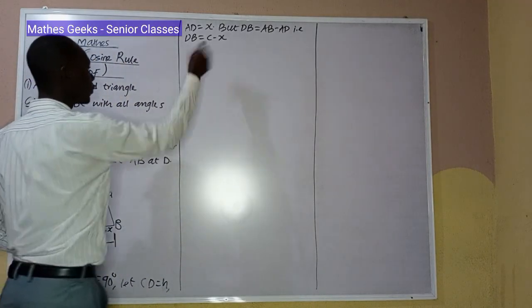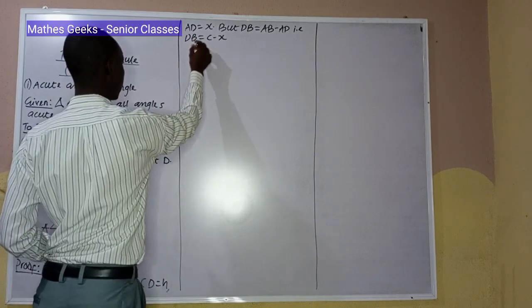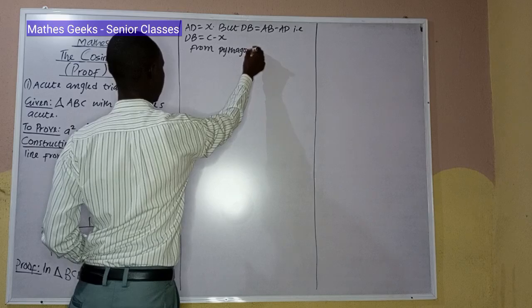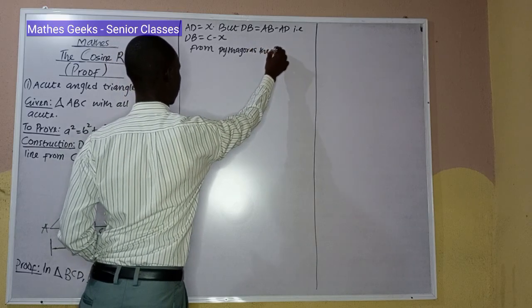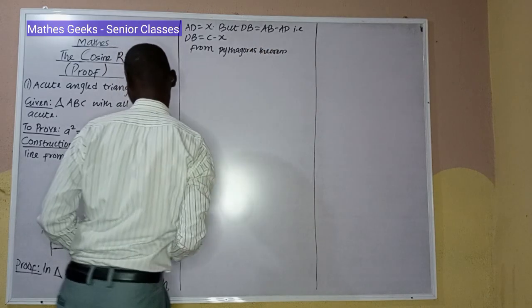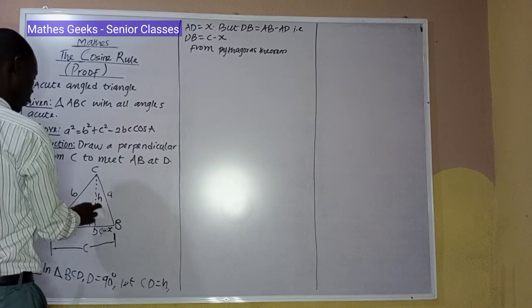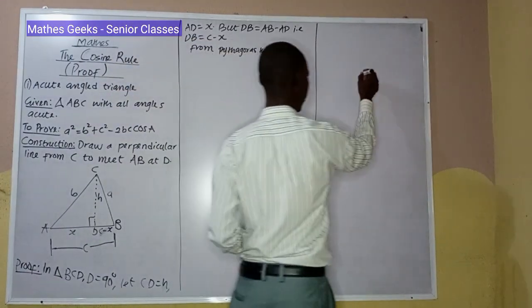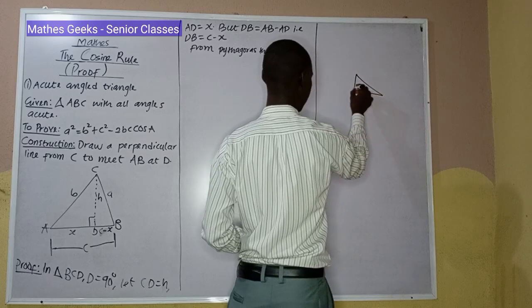So we're going to say, from Pythagoras theorem, Pythagoras theorem states that the sum of the squares of any right angle triangle.